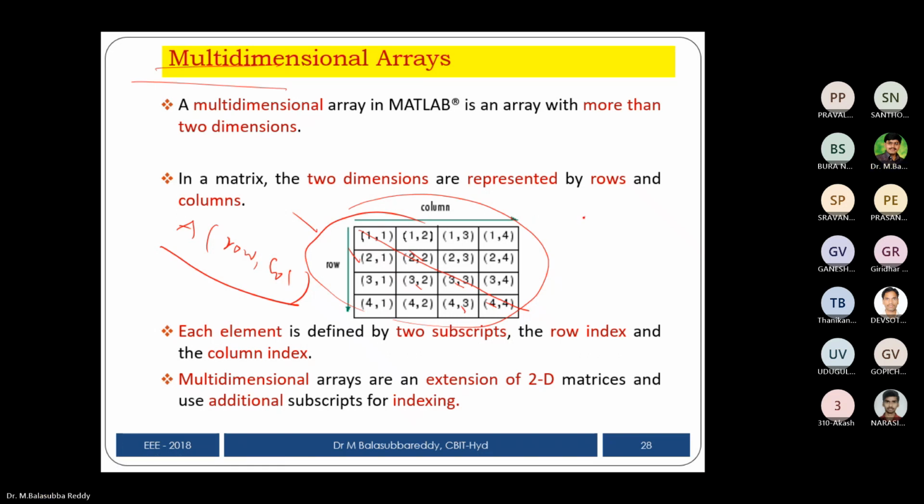Let it be 1,1,1, then 1,2,1, then 1,3,1, 1,4,1, first row. And similarly, second row, 2,1,1, then 2,2,1, and so on. So what that extra index means is the page number.